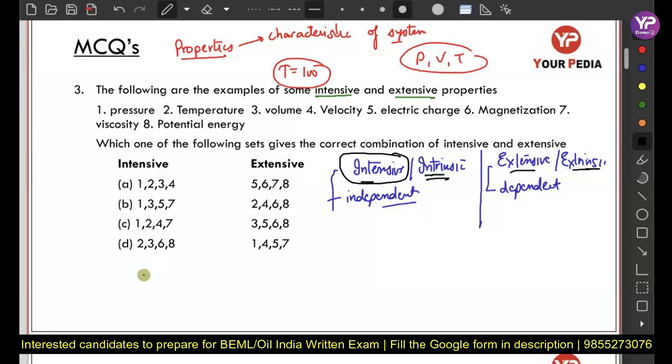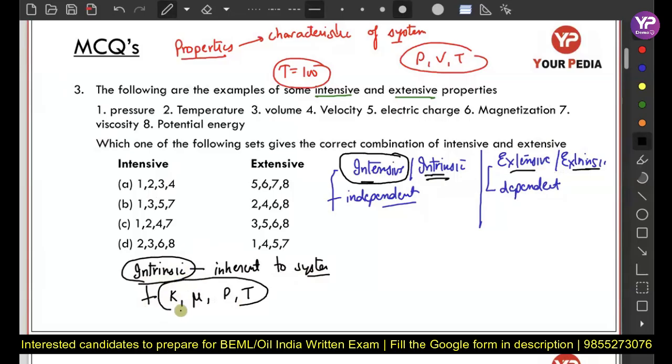Now, what is the difference here? Just understand. If we talk about intrinsic properties, these are those properties which are inherent to the system. Now, what is the meaning of that? Examples of intrinsic properties are thermal conductivity, let us suppose, dynamic viscosity, pressure, temperature.